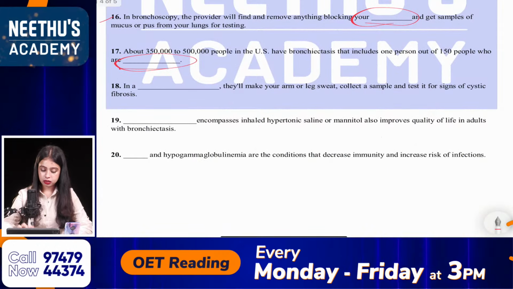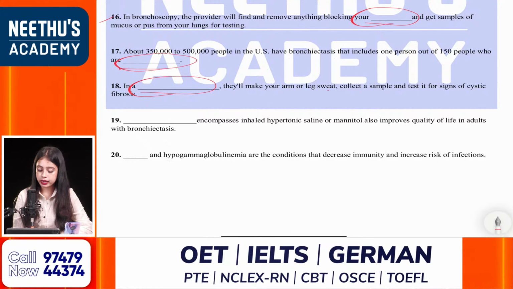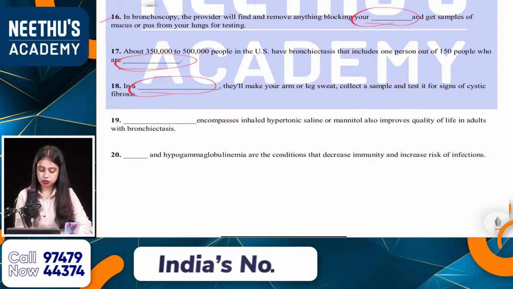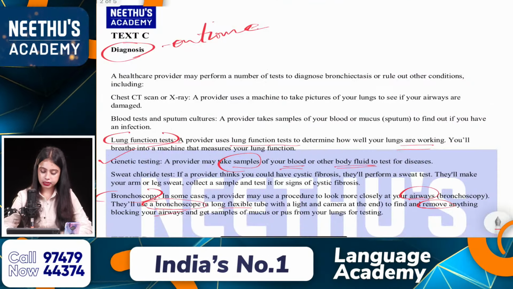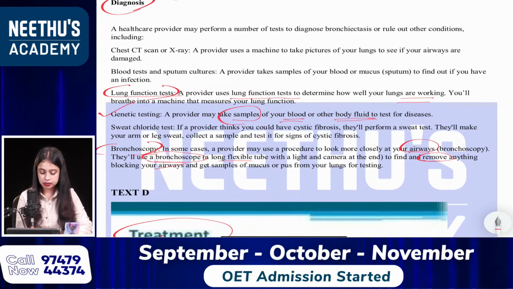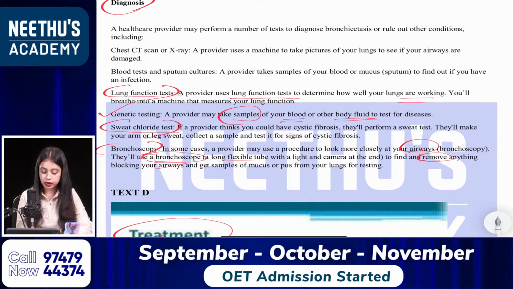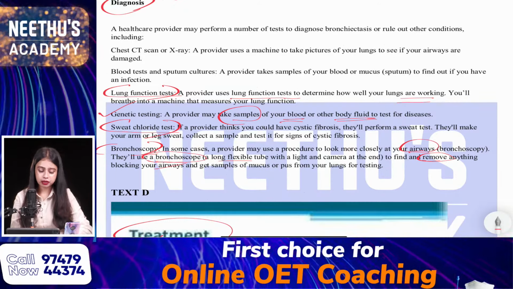And next one: in a dash, they will make your arm or leg sweat, collect a sample and test it for signs of cystic fibrosis. Okay, the 18th one, which is from text C. Yes, so what is the correct answer here? Sweat chloride test. Okay, Aisha, 75 and above.